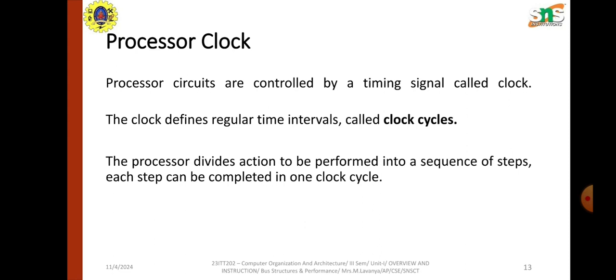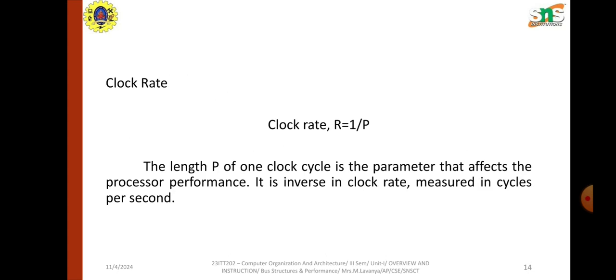If each step can be completed within a single clock cycle, there will not be any overlap of timing signals, and the processor execution will be smooth in pipelined execution. Let us see the execution of pipelining in upcoming classes, and the calculation of clock rate is given here.